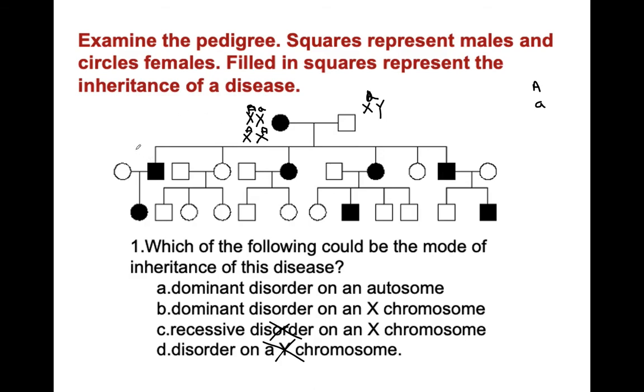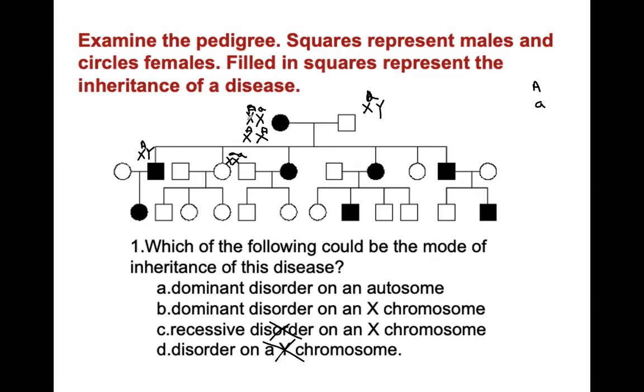Let's see. Okay, so let's go and take a look at their children. In this case, we have a male child who is showing the disease, so that means they inherited a dominant allele from the mom, which is possible. This female is not showing the disease, they're normal, that means they are homozygous recessive, and they have to get a recessive allele from a mom and from dad, which is possible.